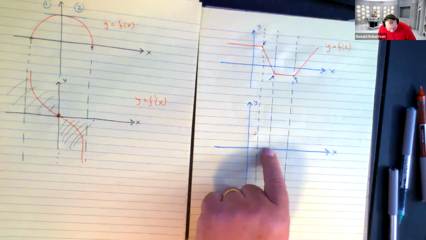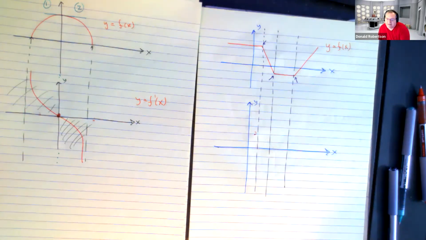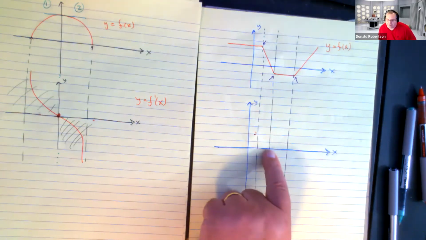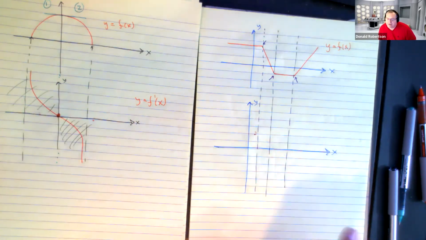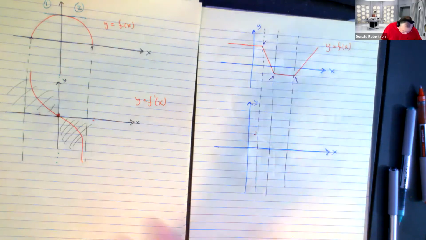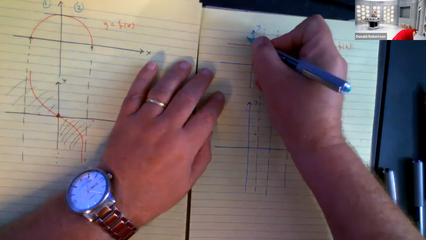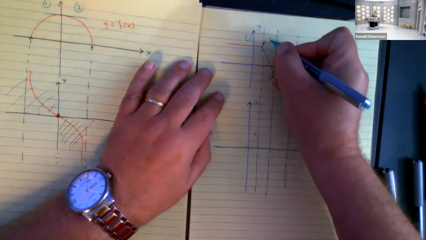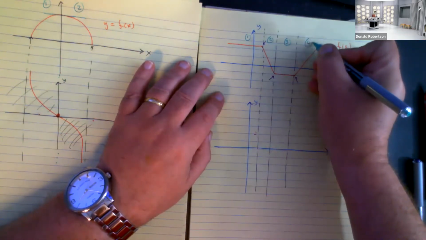But none of these corners has a derivative. So I'm not going to put a dot on the x-axis like I might have done here, right? These are just ways to separate the original function up. So I'm going to separate this into region 1, region 2, region 3, and lastly, region 4, okay?